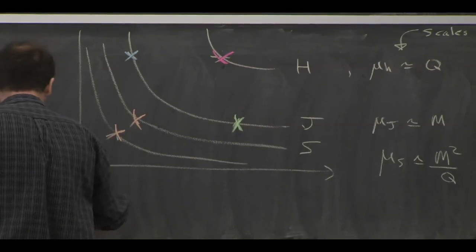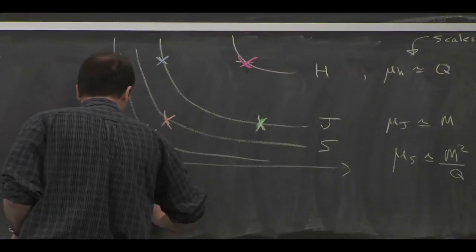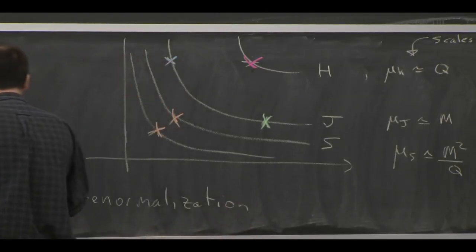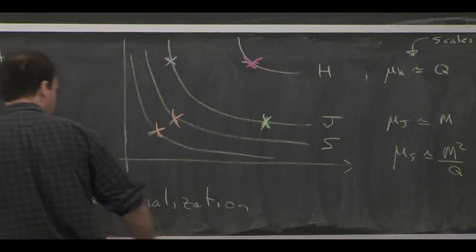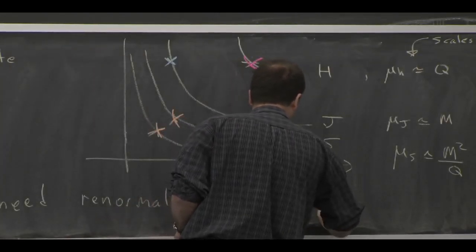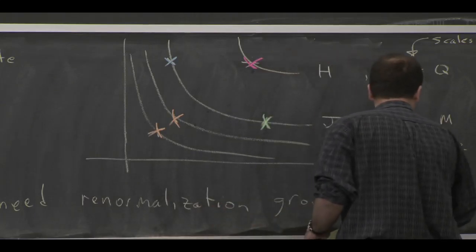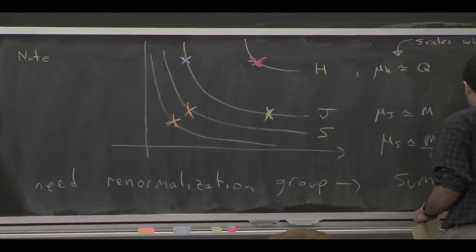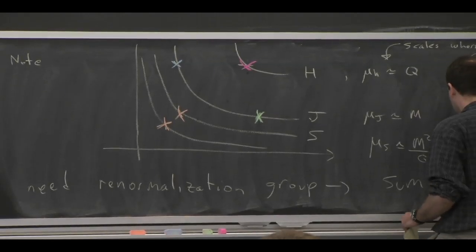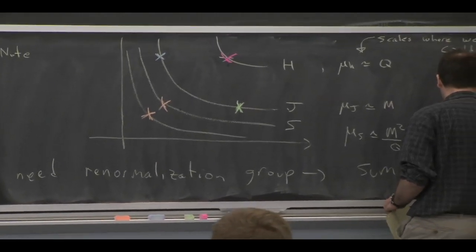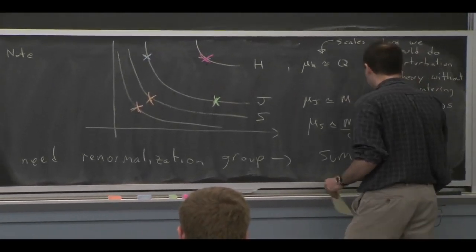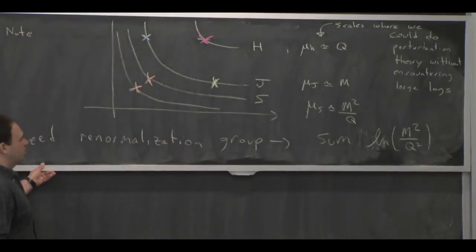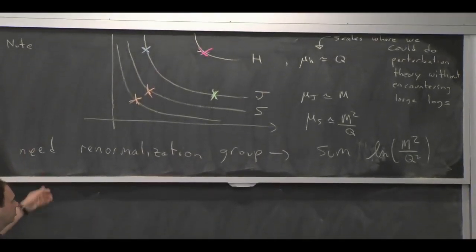So we need the renormalization group, and that's going to sum up logarithms, which are ratios of these scales, which expressed in terms of some physical thing is, in this case, logs of m squared over q squared.